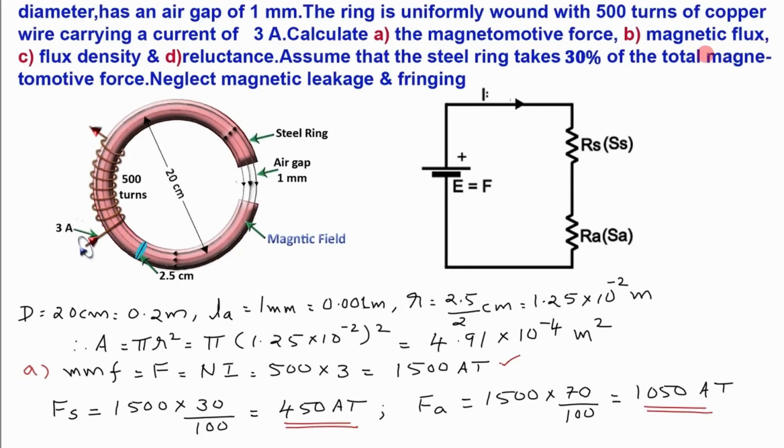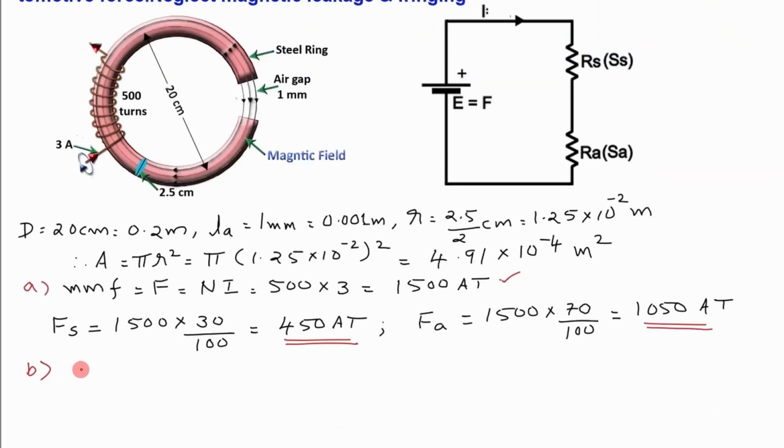Next, we have to calculate the magnetic flux. For calculating magnetic flux, first we will calculate the reluctance of air gap.